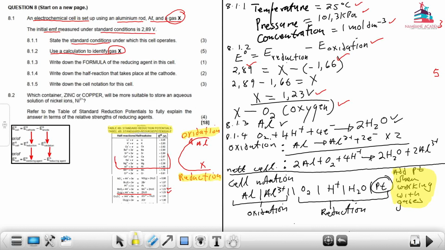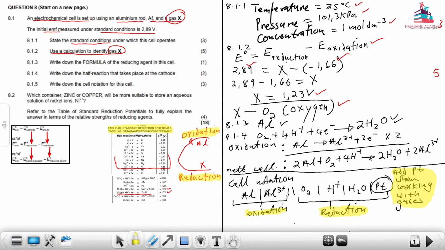So when looking at this, it's just an issue of understanding what each side of the cell notation basically means. One will be given a cell notation, and from the cell notation one must be in a position of interpreting it.